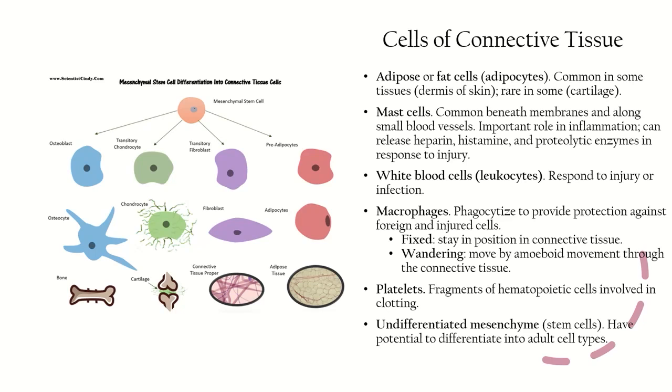Your white blood cells include macrophages, which are phagocytizing other objects and cells. Platelets. And our stem cells, which are called mesenchymal stem cells when we're talking about connective tissue. They differentiate into all these things, like this figure shows here, right? For my doctorate, I studied mesenchymal stem cells extensively. So that's my go-to cell type.